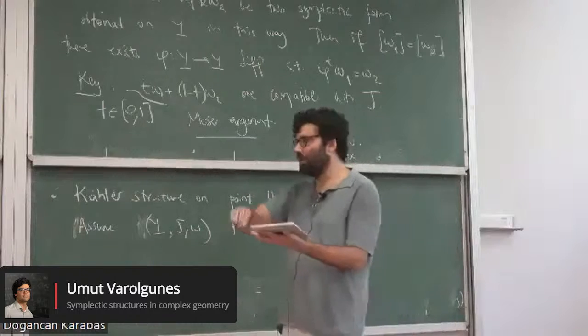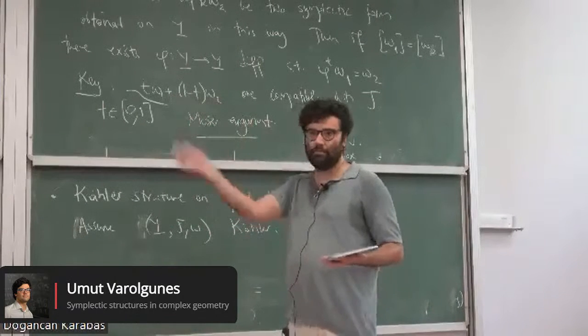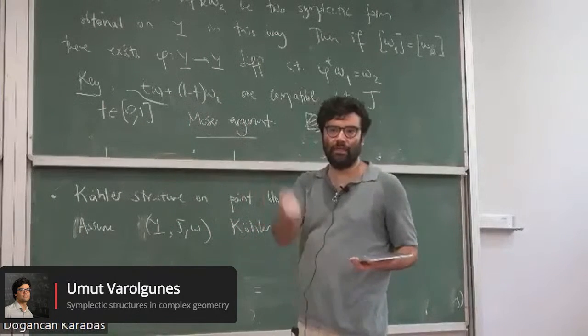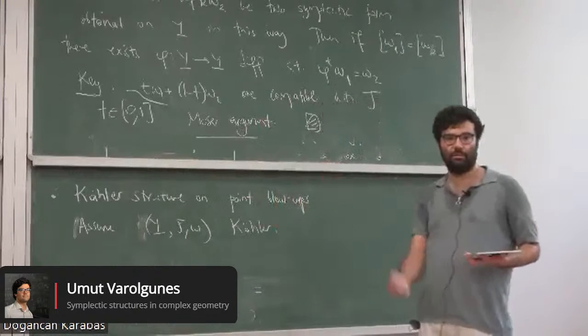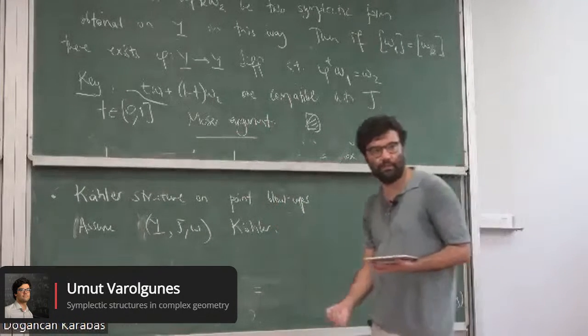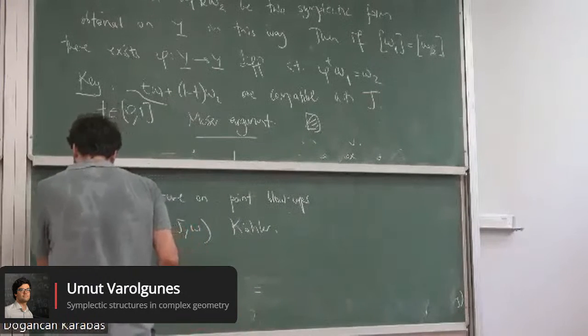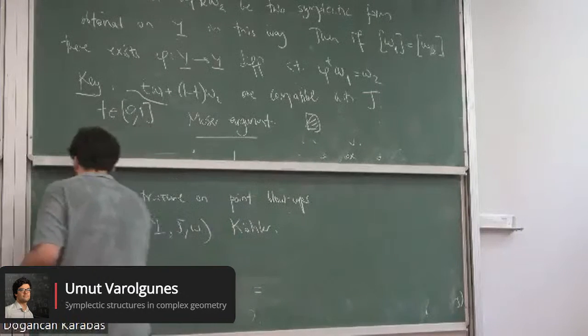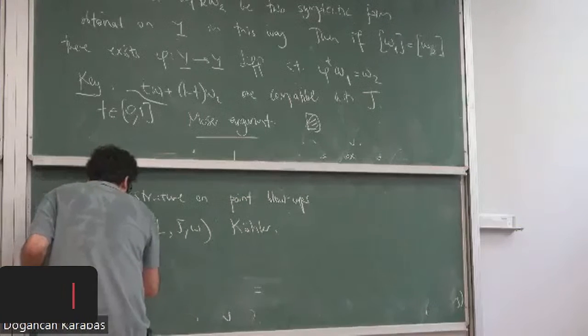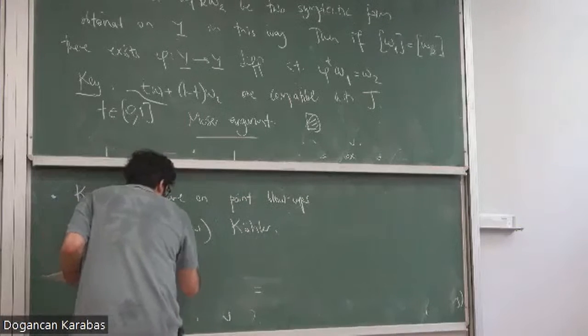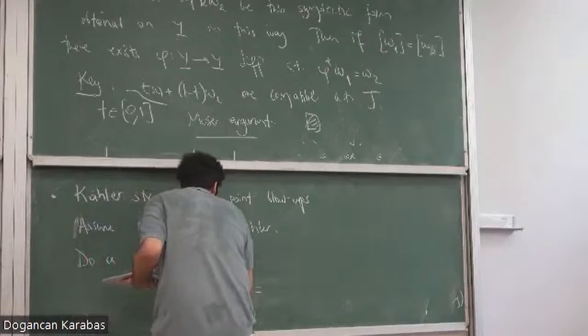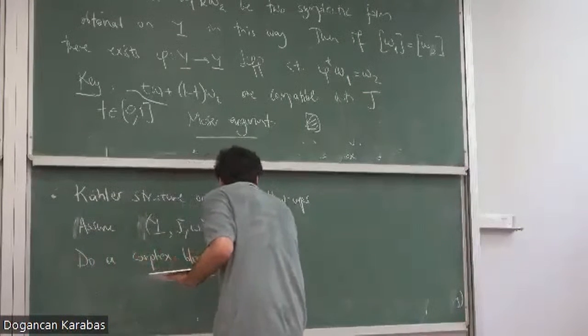You replace that point with the projective space of complex directions coming into this point. So do a complex blow-up at a point.